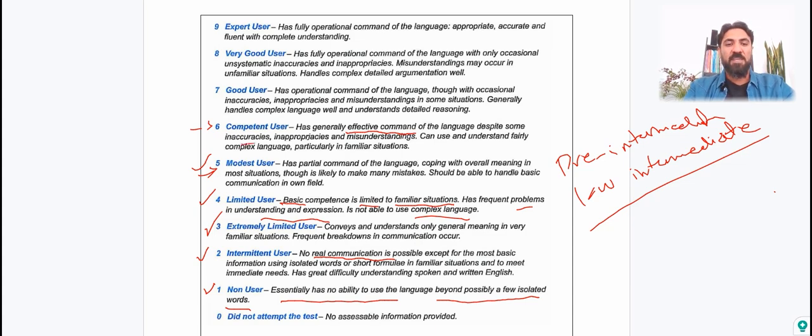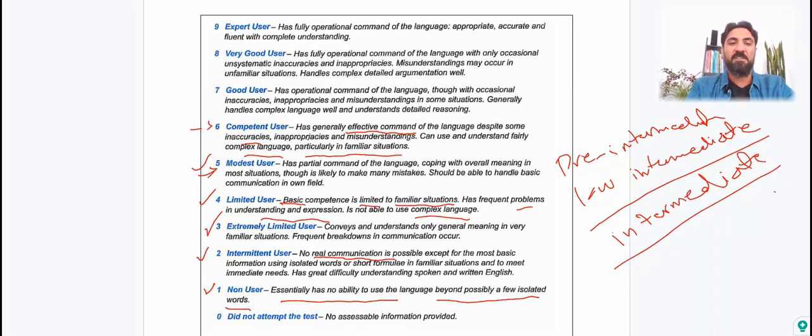You have some inaccuracies, maybe some grammatical mistakes, and you're not familiar with all the situations to talk about in the IELTS test, but you are a competent user. So if you are a high intermediate student or a good intermediate student, you will get a grade 6.